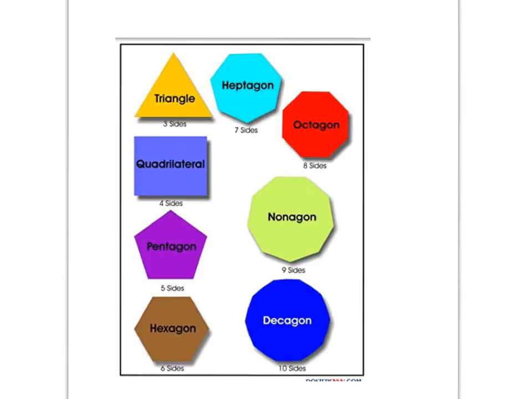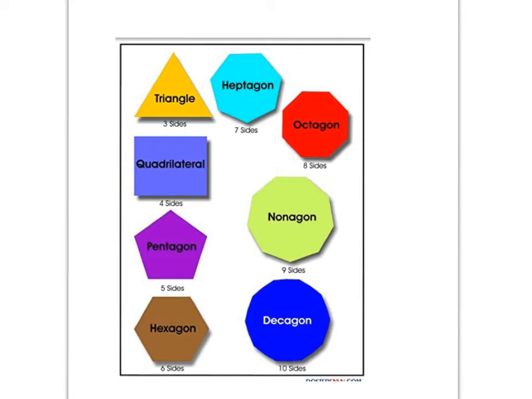So let's review. A polygon is a closed figure with line segments. So all of these are examples of polygons. A triangle, a quadrilateral, a pentagon, a hexagon, an octagon. These polygons are named based on how many sides they have.